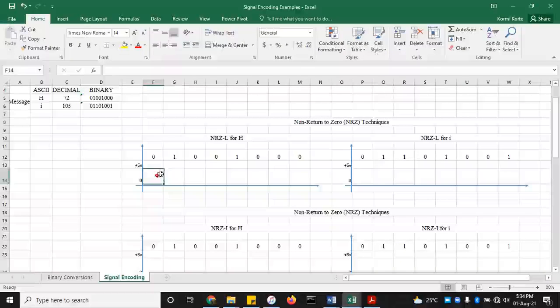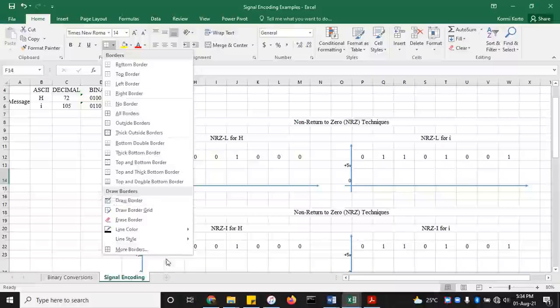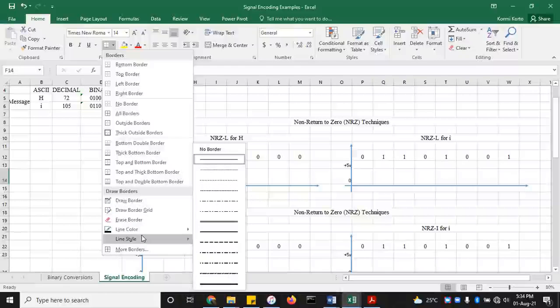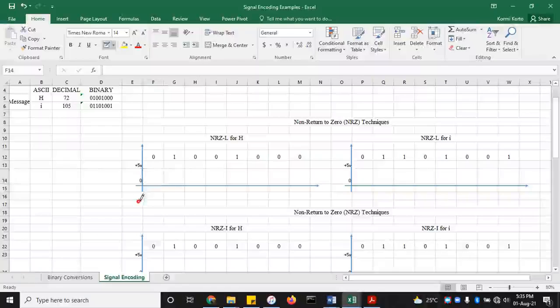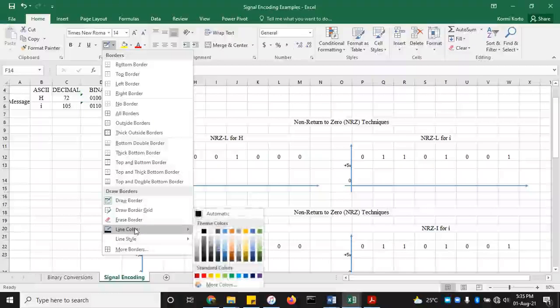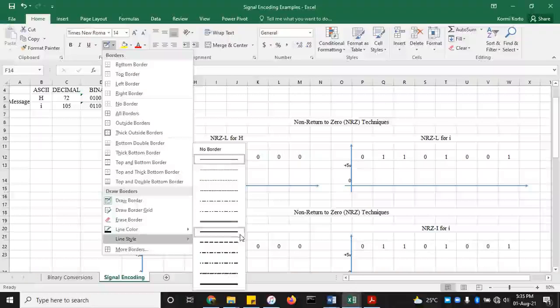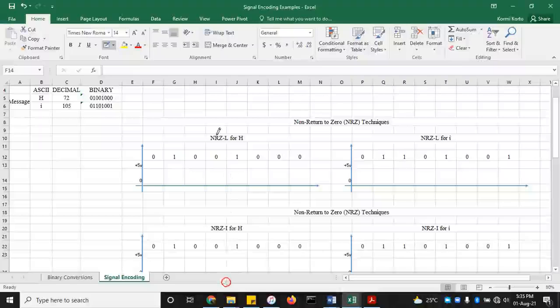Okay, so now to do that, I'm just going to be using draw borders, and let me pick the thickness of the line of the borders, so at least we can see them. I'm going to pick the thicker one.